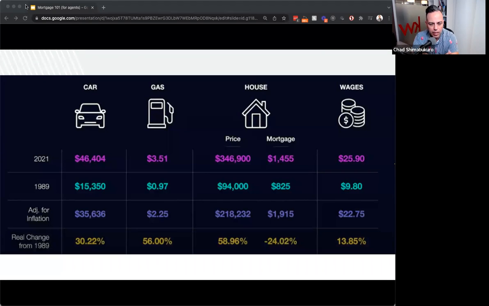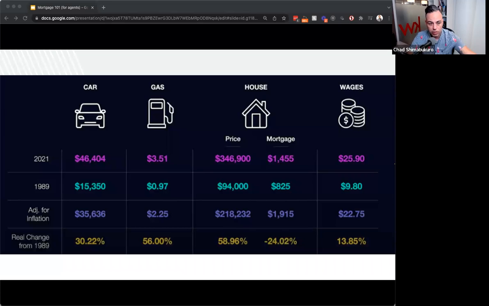They put the slide together to account for vehicle inflation, gas inflation, house price and mortgage, and wages and inflation, and they're all very impactful. If you look at it, in 1989 you could have purchased a vehicle for $15,000, whereas today the average is 46. That's amazing. Gas in 1989 was 97 cents; in 2021 it's 3.51. Certainly not here.